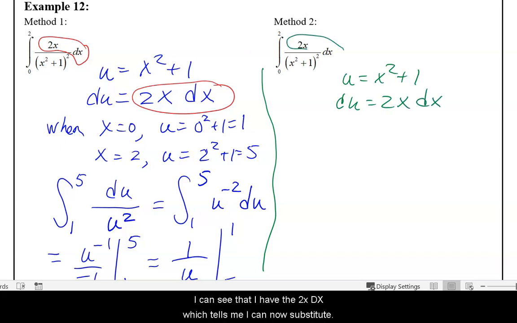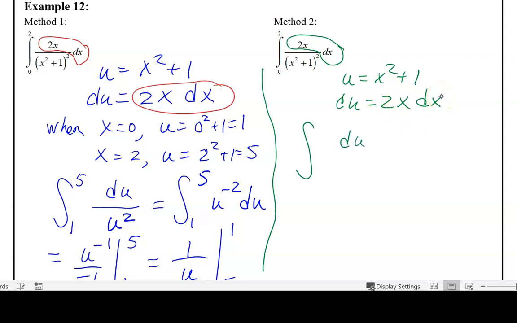I can see that I have the 2x dx, which tells me I can now substitute. I would have the integral, replacing the 2x dx would be du. Replacing x squared plus 1 would be u, and that would be raised to the second power.